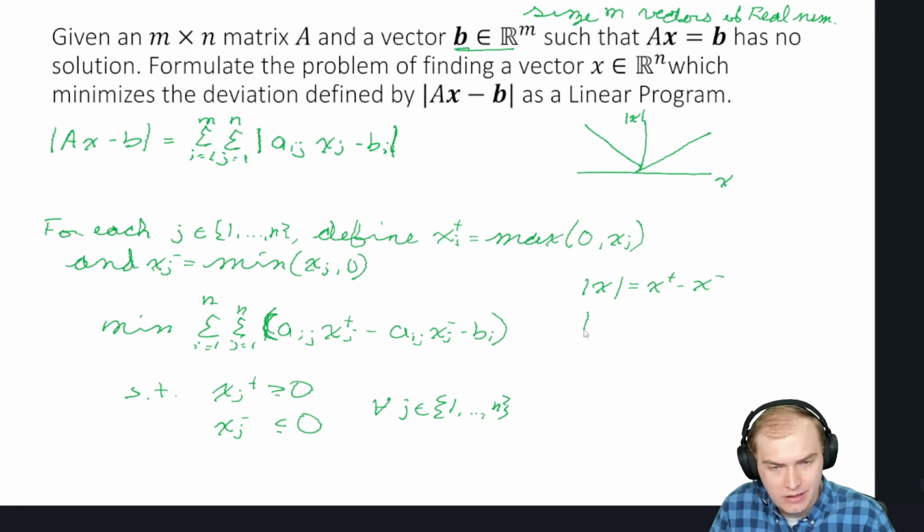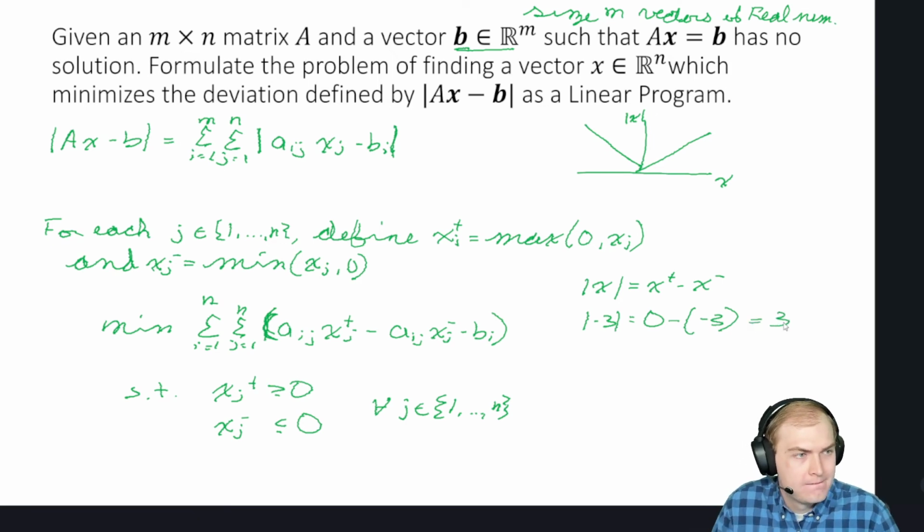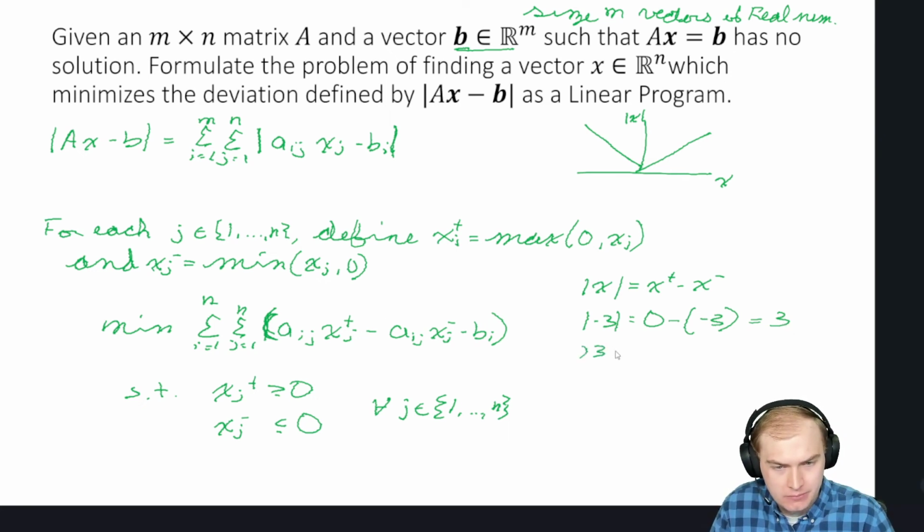Let's think about that. The absolute value of negative 3 equals the maximum of 0 and negative 3, which is 0, minus negative 3, equals 3. At the same time, positive 3 is going to equal 3 minus 0, and give 3.